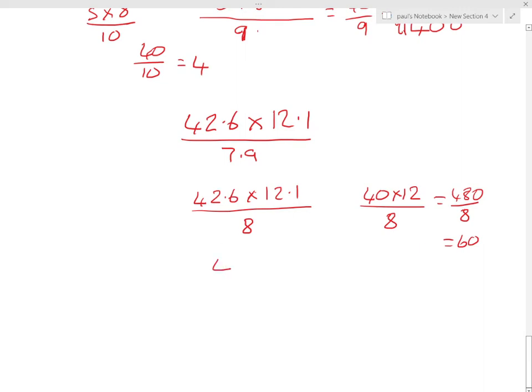Or we could do 42 times 12 divided by 8, or even 40. Will that go? 42 times 12? See, now the problem I've got here is I'm starting to do calculations, and this is going against the idea of what this is.